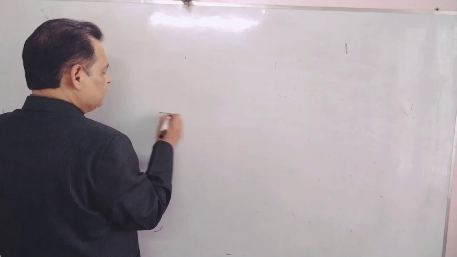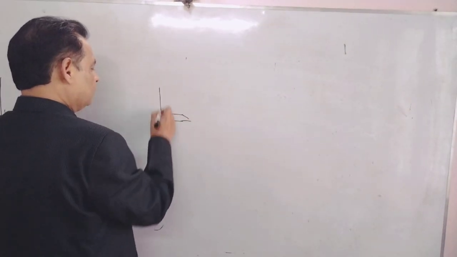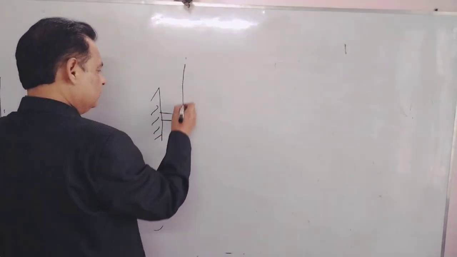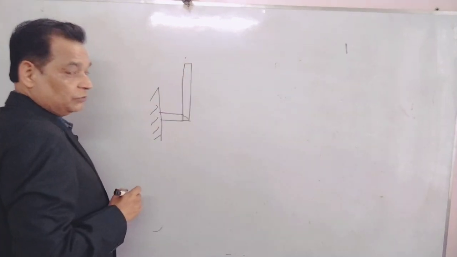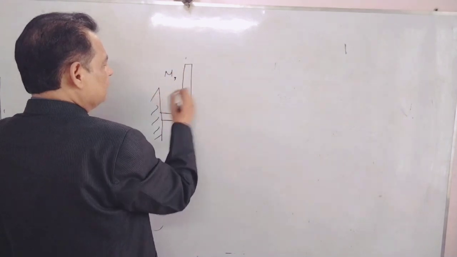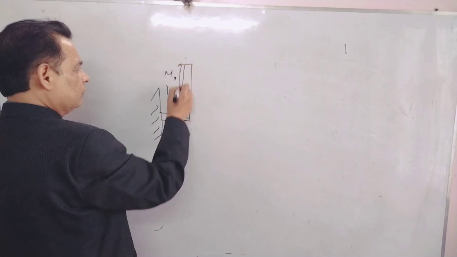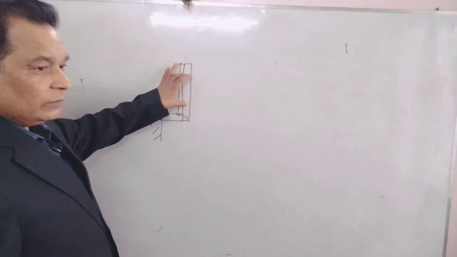Suppose this is a fixed pivot and this is a rod. This rod is vertical, of mass m and length L. It is a uniform cylindrical rod.